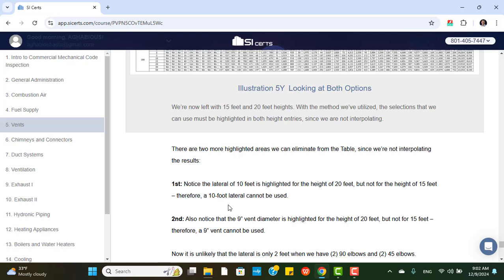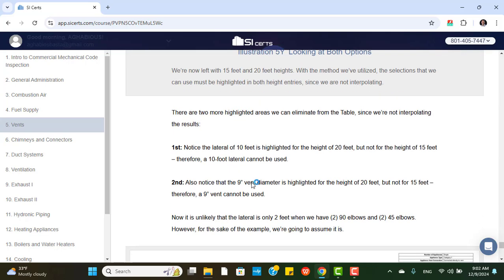Therefore, a 10-foot lateral cannot be used. Second, also notice that the 9 inch vent diameter is highlighted for the height of 20 feet, but not for 15 feet. Therefore, a 9-inch vent cannot be used.